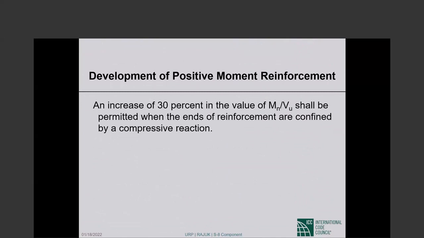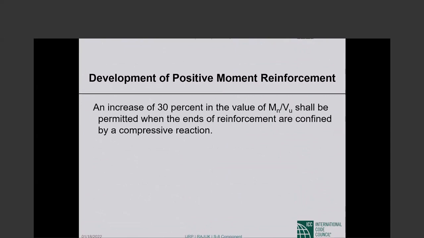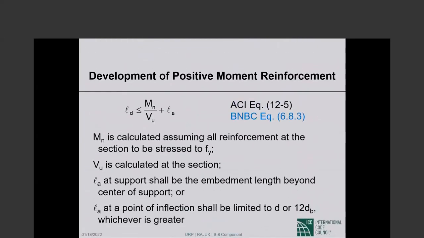Now, an increase of 30% in the value of M sub N over V sub U shall be permitted when the ends of reinforcement are confined by a compressive reaction. So at the support, if the support reaction provides compression, the beam is pressing down, the support is pressing up, compression is created.